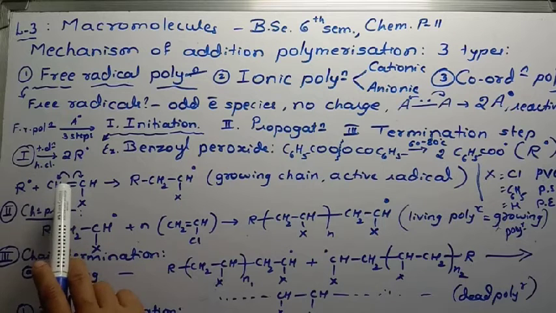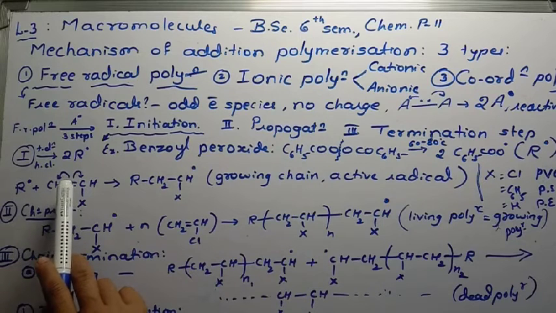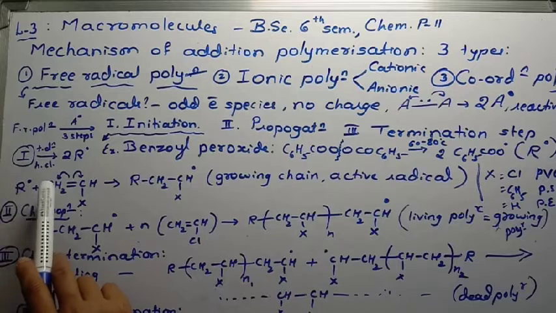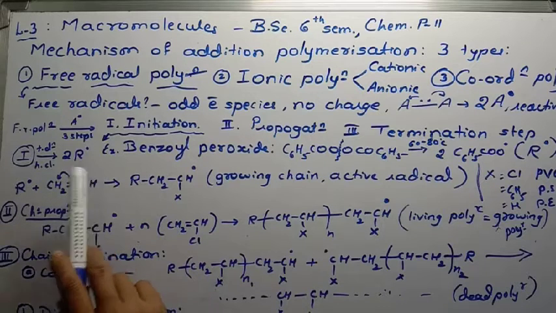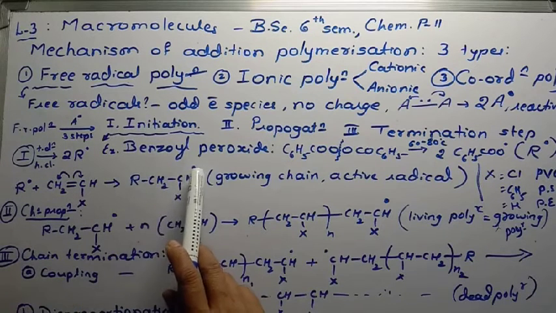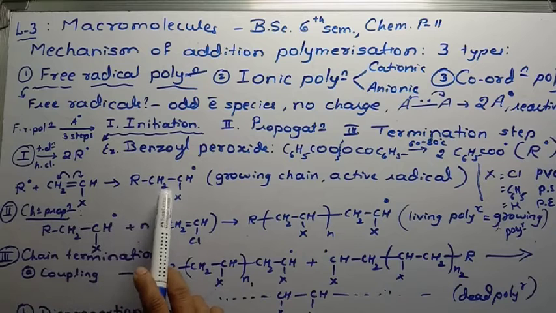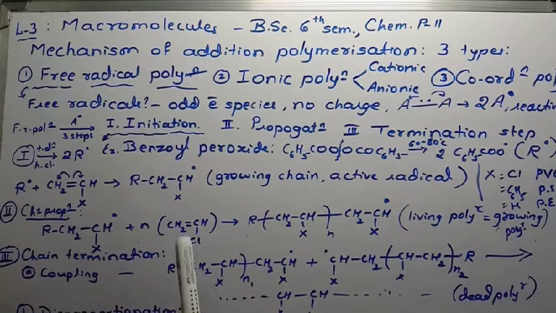The electron is taken up by R, the other one stays here, and the site of the free radical is shifted onto this carbon atom. So on reacting, it gives RCH2CHX dot. This is said to be a new free radical. This was the initiator.